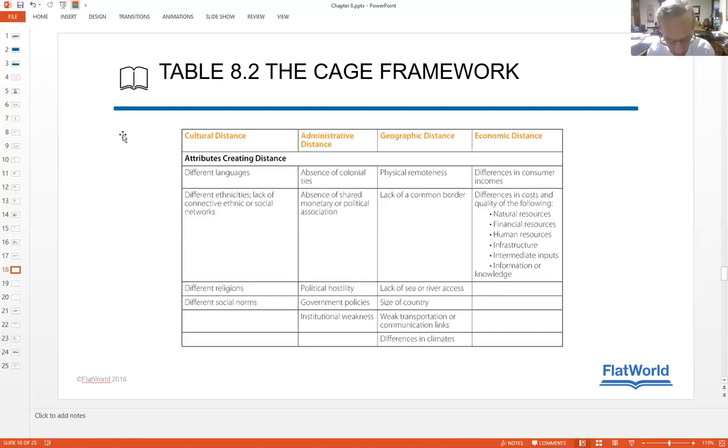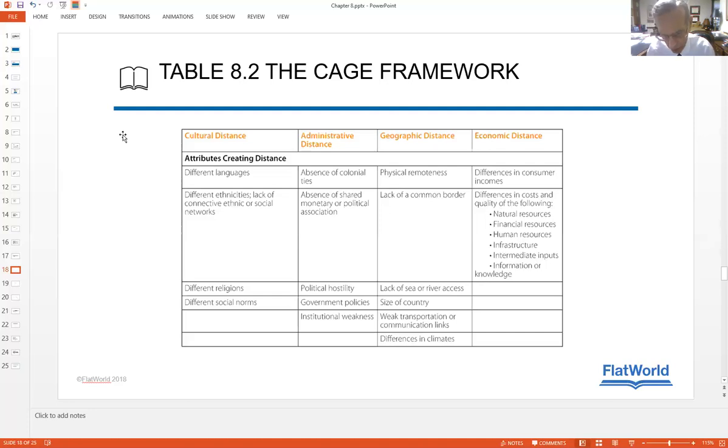And so we have political, government policies, institutions, paperwork, taxation, and so on. So there can be a lot of administrative reasons why it's difficult to do business across borders. To the extent that they are not present, then that makes it easier.